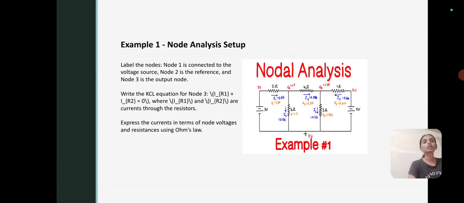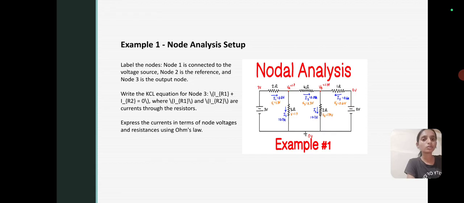Example 1. Nodal analysis setup. Node 1 is connected to the voltage source, whereas node 2 is connected to reference and node 3 is connected to the output node.